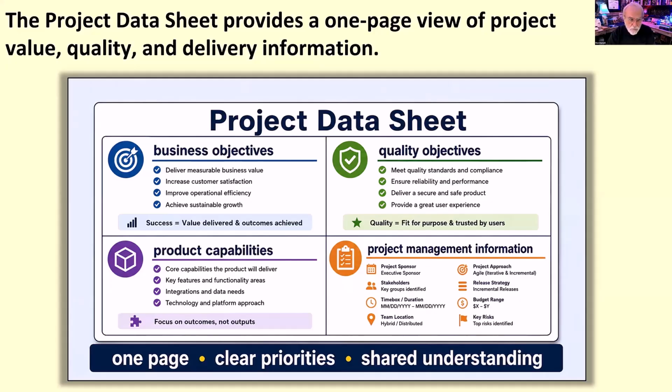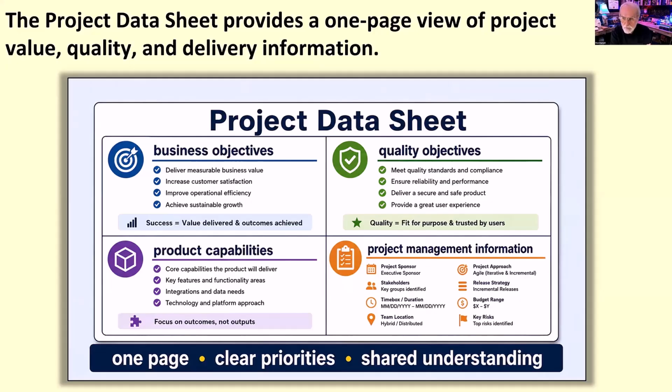And it's a one-page, high-level summary that summarizes the project business objectives, the capabilities, quality expectations, and management information, all in one concise artifact. It's intended to be a concise project summary, not an overall detailed document.